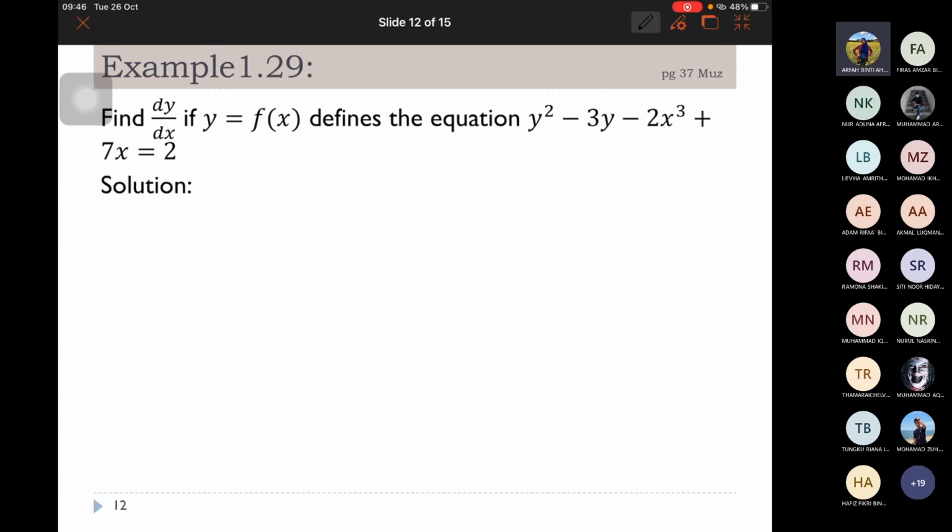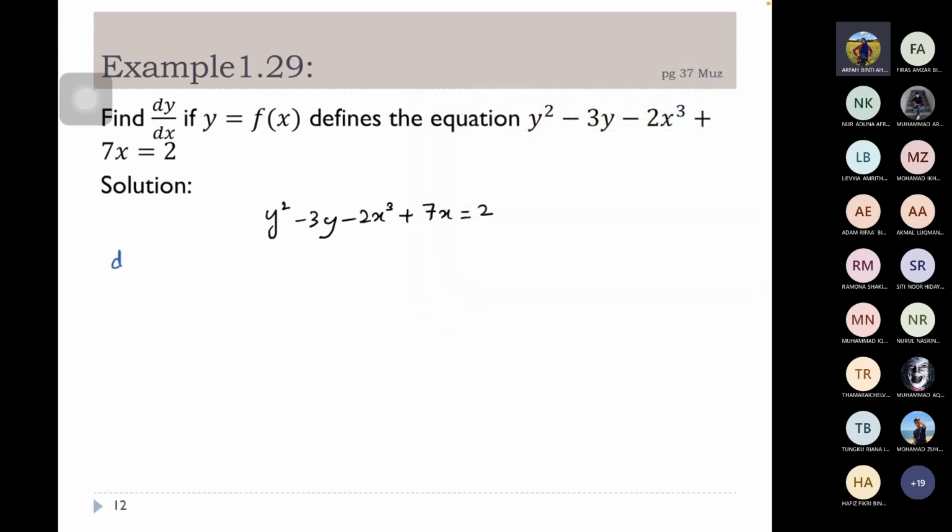Then kita nak dapatkan dy over dx. Okay. So we have the equation here, y kuasa 2 tolak 3y tolak 2x cube tambah 7x sama dengan 2. Okay. So macam mana nak dapatkan dy over dx? dy over dx equal to what?